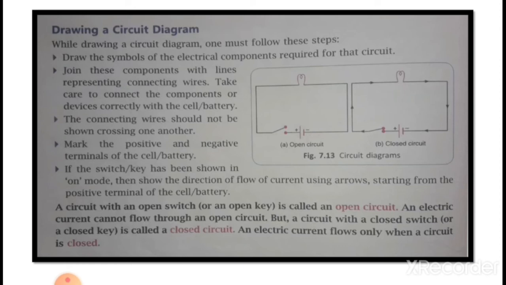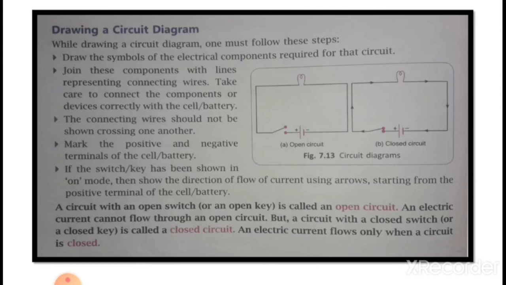The positive and negative terminals of the cell should be marked clearly. And if the switch is in on position, then we have to show the direction of flow of current using arrow marks from the positive terminal of the cell to the negative terminal.